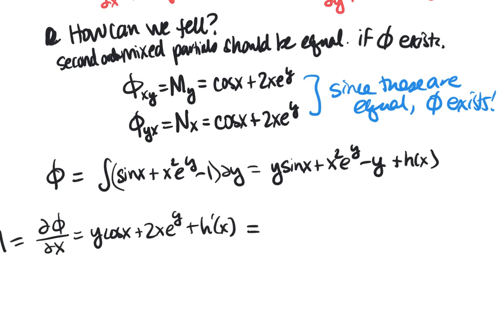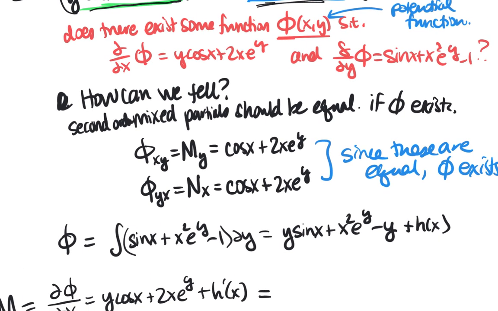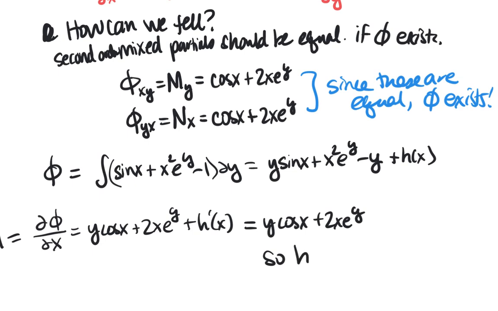I want to set that equal to M, which is y cosine x plus 2x e to the y. And so that tells me h prime of x is equal to 0.